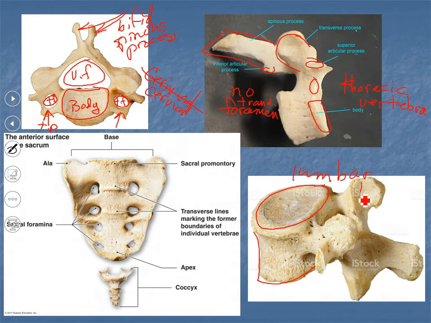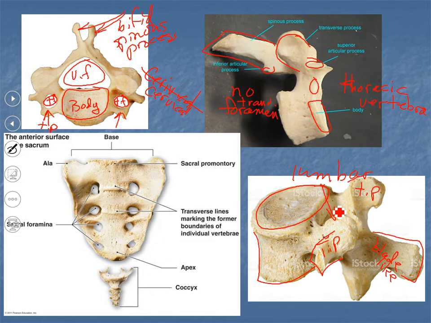These are the transverse processes, which you can't really tell from this view on a human, but they're fairly blade-like, and the spinous process here in the back is also blade-like. And again, this is where major muscles of the back are going to attach.